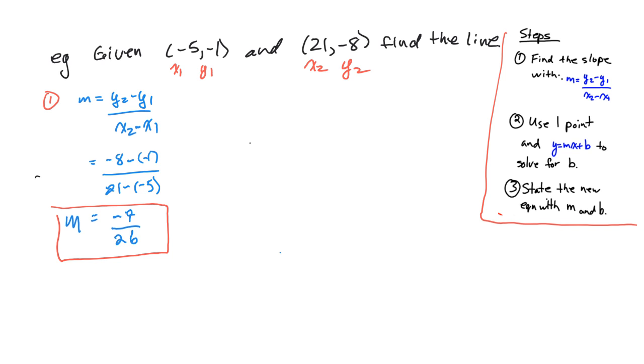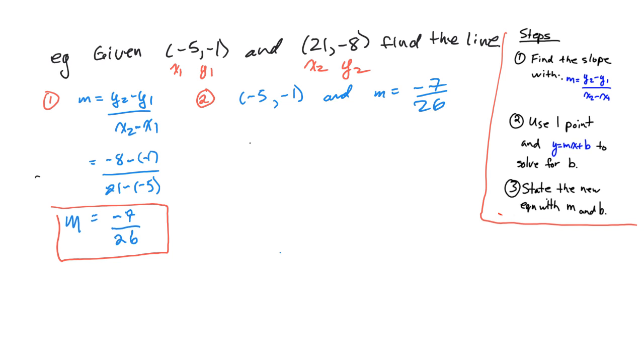So now let's continue with stage 2 of our problem. Stage 2 tells us that we have to use one of the points. Okay, I'm going to use the point that has negative 5 in this case. So we're going to have negative 5, comma, negative 1, and we have the slope m is equal to negative 7 over 26.